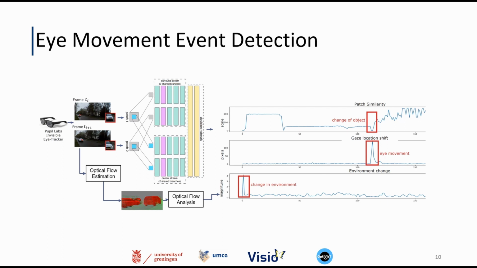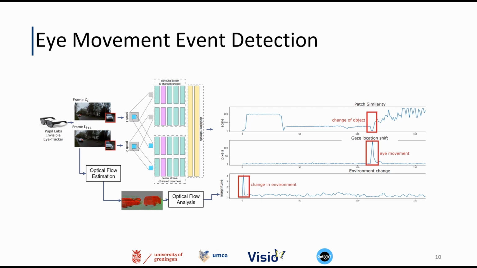We use Pupil Labs' Invisible eye tracker to get some signal, and this video is where we ask the participant to cross the street, and we precisely look at the area that the participant is looking at, and we do some comparison between the time series of different frames of the video and where the person was looking, and we extract the similarity of the location that is being observed by the participant.